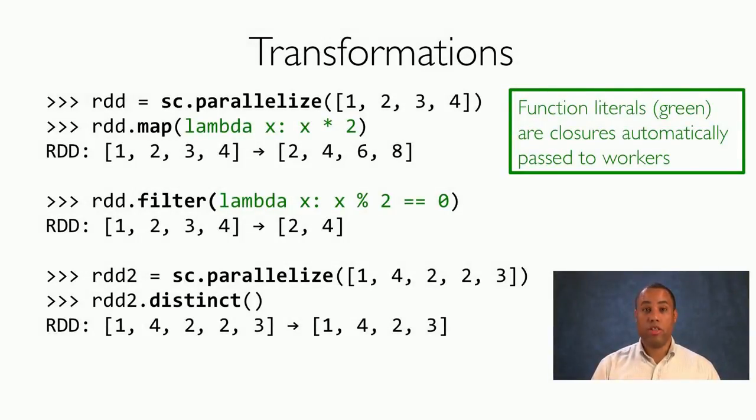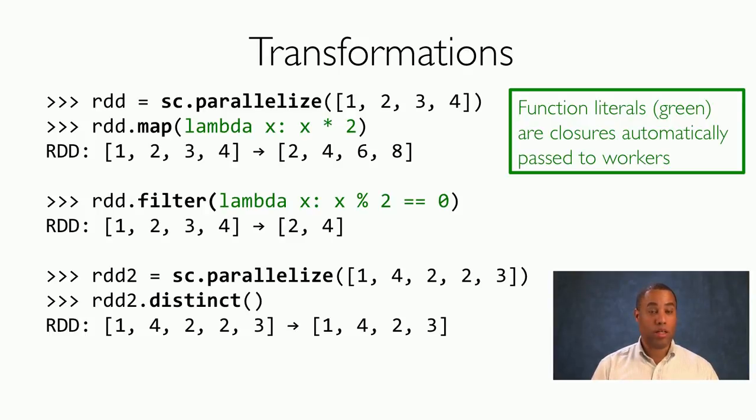Let's look at the transformations that we just talked about. So here we start with creating an RDD using sc.parallelize of a list, the list 1, 2, 3, 4. Then we apply the transformation map, and we pass in a lambda function that will double each element. Now, Spark turns this function literal into a closure and passes it automatically to the worker.